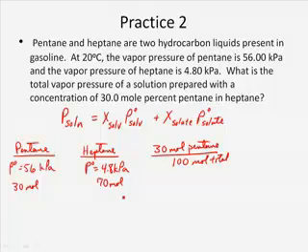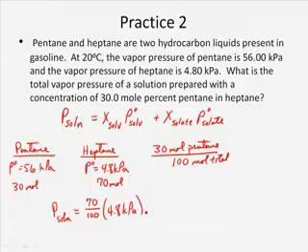So in this case, we would think of the pentane as being our solute, the heptane being the solvent. So the vapor pressure of my solution is going to be the mole fraction of the solvent, so I have 70 over 100 times the 4.8 kilopascals plus 30 over 100 times the 56 kilopascals.